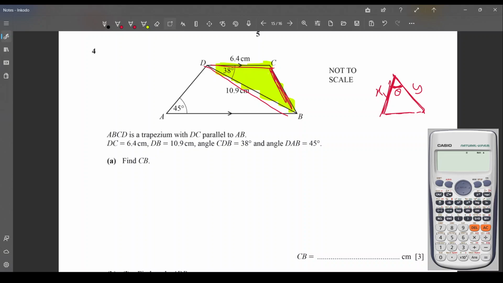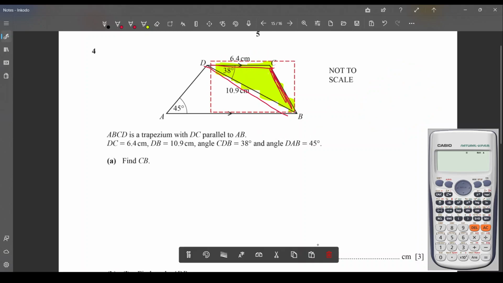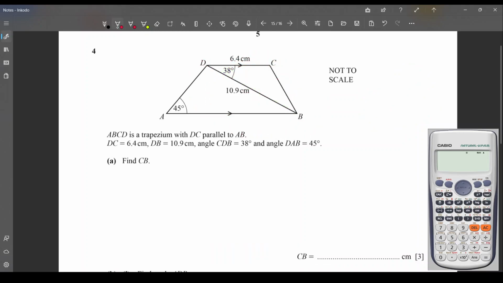So the formula that we can use for the cosine rule is c squared equals a squared plus b squared minus 2 into a into b into cos theta. So we'll be using this formula to find out the length of CB. So CB squared equals, or if you don't want to write squared, we'll put it under root.